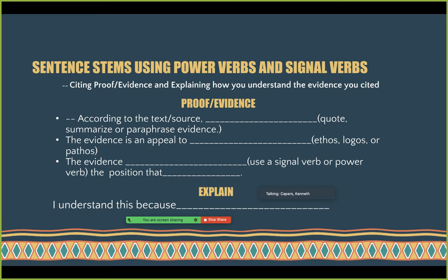And then this is where you go and you look at those signal verbs. The evidence argues, the evidence illustrates, the evidence suggests, the position that, okay? And where you explain it. I understand this because, and you have free reign here, make me understand how you interpreted that piece of evidence to show where this person, the author, stood in terms of this generation under 30 years of age being the dumbest generation or not. Now, that's quite a bit that I've said there.